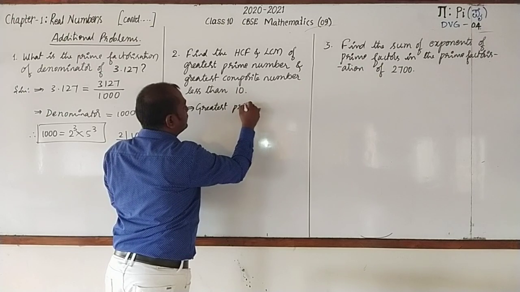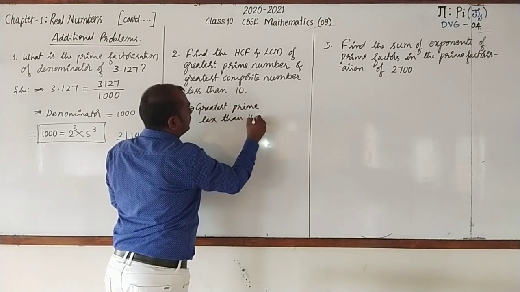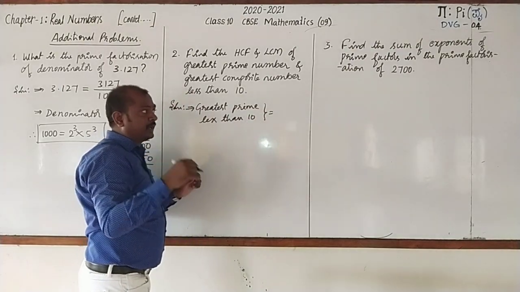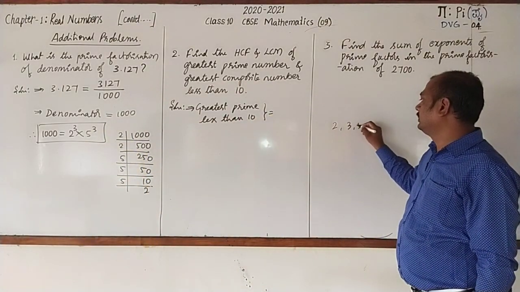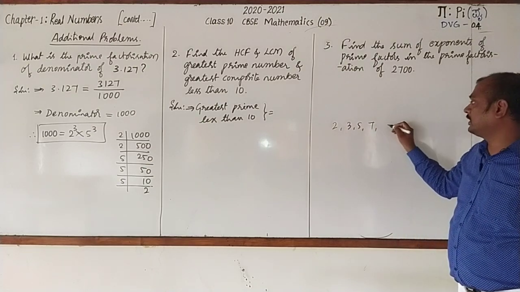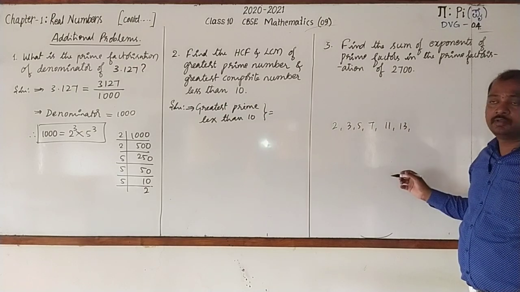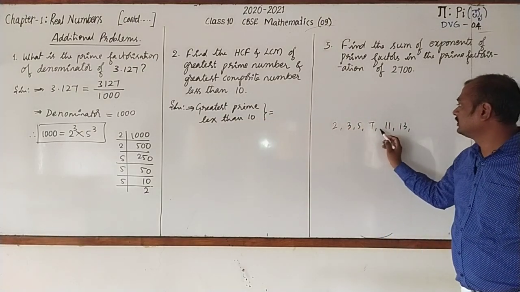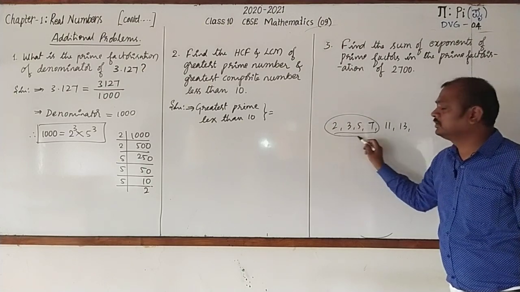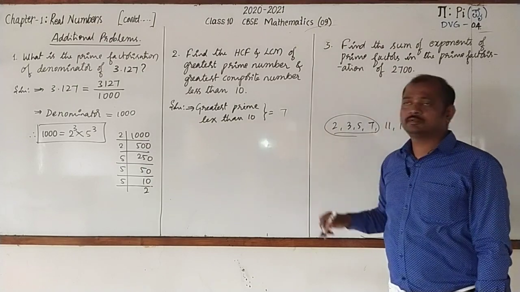The primes are 2, 3, 5, 7, then 11, 13 and so on. These are less than 10 and the greatest one is 7.